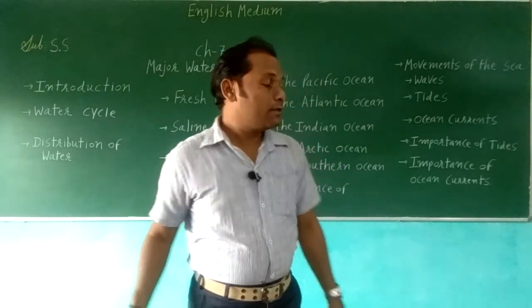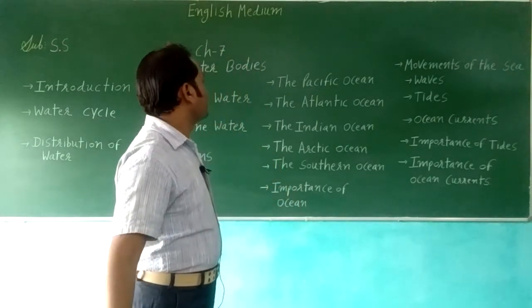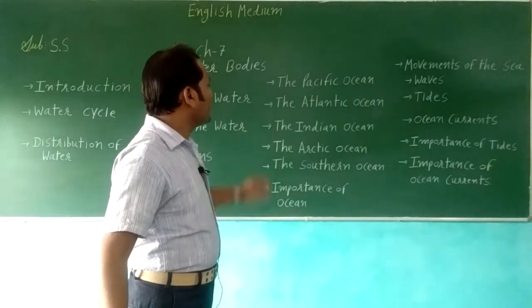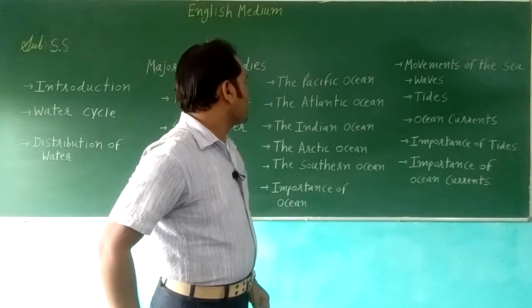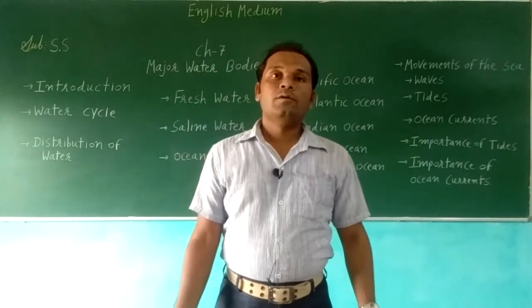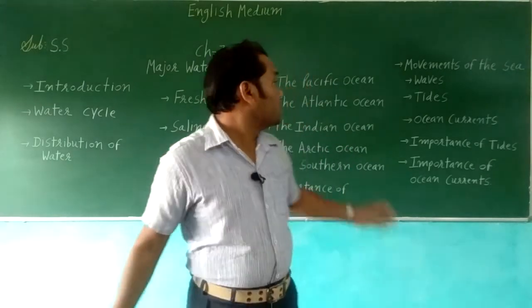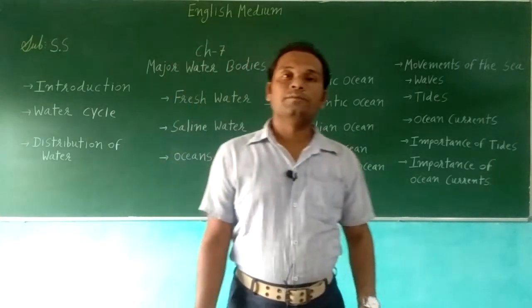We have these five oceans: the Pacific Ocean, the Atlantic Ocean, the Indian Ocean, the Arctic Ocean, and the Southern Ocean. First of all, we'll see the Pacific Ocean.